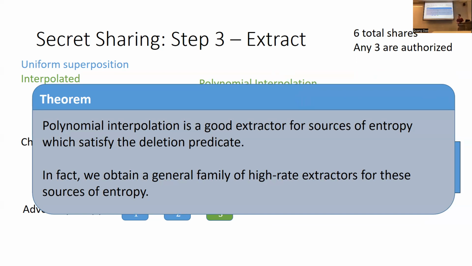And in fact, we even give a general family of high rate extractors for sources of entropy which satisfy the same requirements as the deleted shares. Okay, I'm going to skip past a whole bunch of slides so that we can get to the randomness extractor, and we'll discuss this a little bit, and then we'll be done.